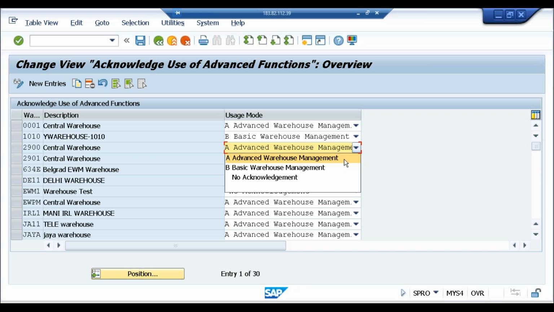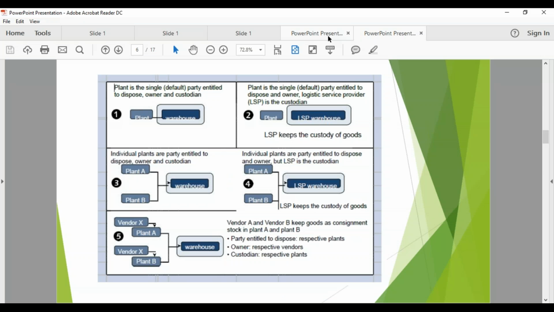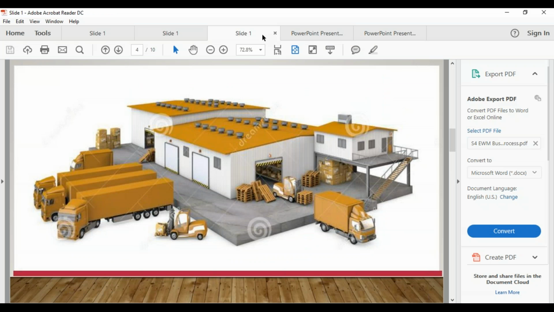In S4 HANA, embedded extended warehouse management is the targeted architecture. That's why they have bifurcated these into two levels: basic warehouse management and advanced warehouse management. I'll show you what all things will be there in the basic warehouse management and the advanced warehouse management.